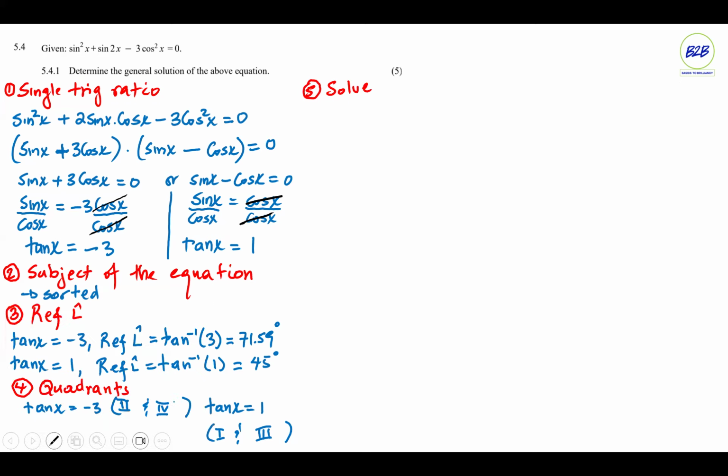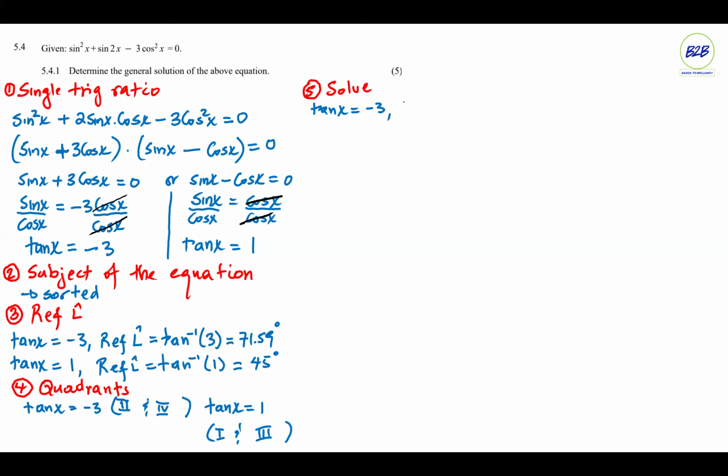So here we have a lot of quadrants to deal with, but we will do them one by one. Let us say we focus first on the equation tan of x is equal to -3. Tan of x is equal to -3.